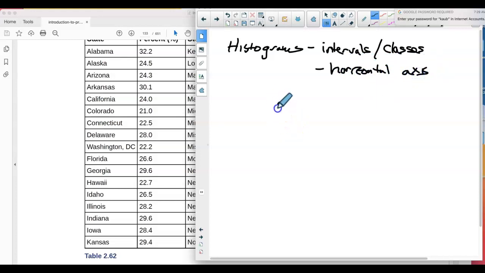So when we do this, we put classes down here, and we usually just name the classes by the first number in the class.